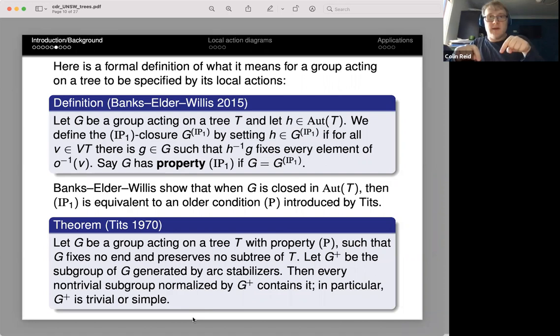So there's this natural bipartition of the vertices of a tree where every vertex only has neighbours in the other part of the partition. And Aut T plus preserves that. And that actually turns out to characterize Aut T plus in that case. So you get a simple subgroup of index 2 in the automorphism group of a regular tree.